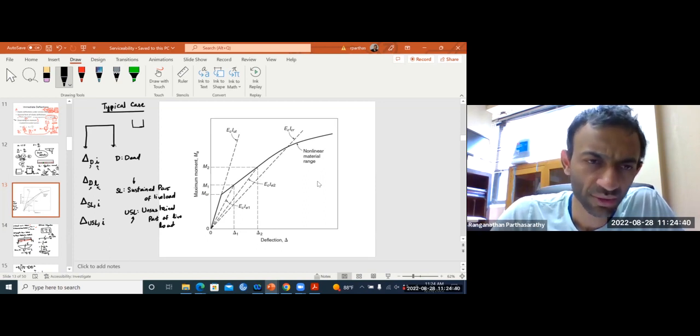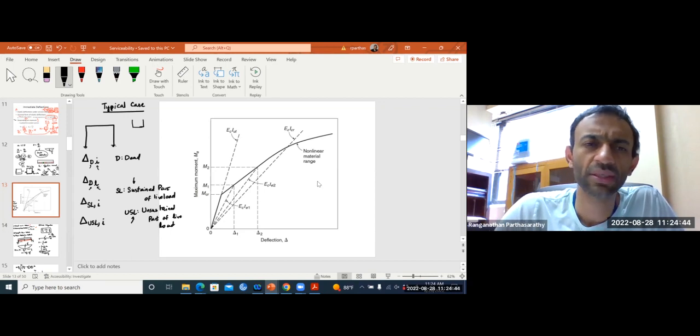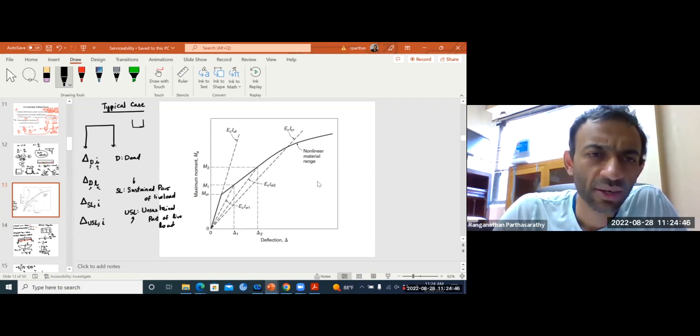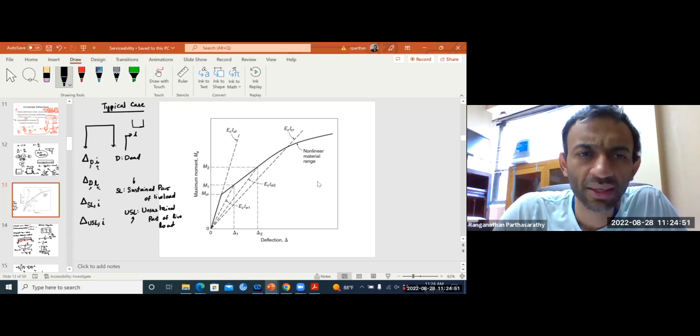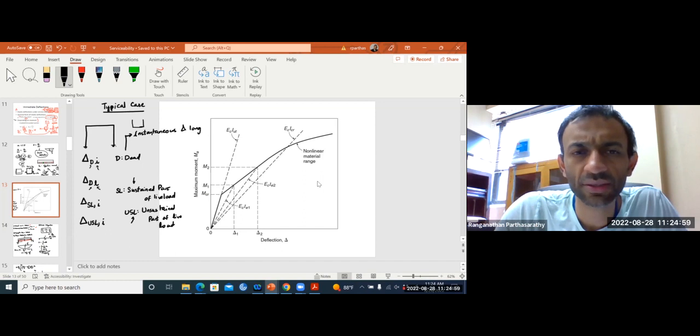Okay. So why do we divide into two parts? It's because your dead load will be responsible for instantaneous or immediate deflections and long-term deflections.